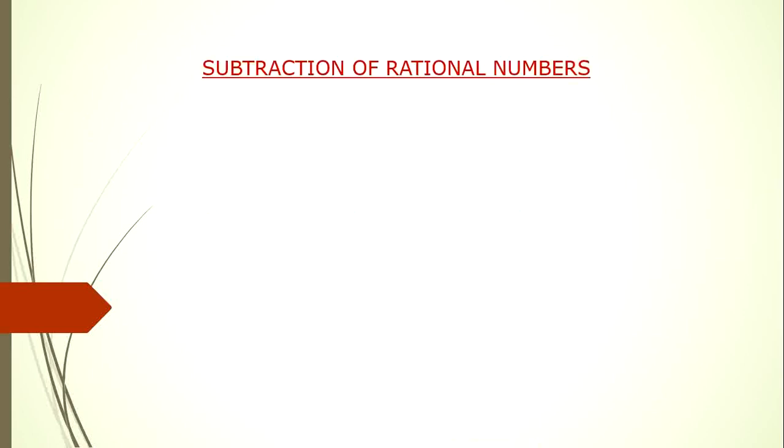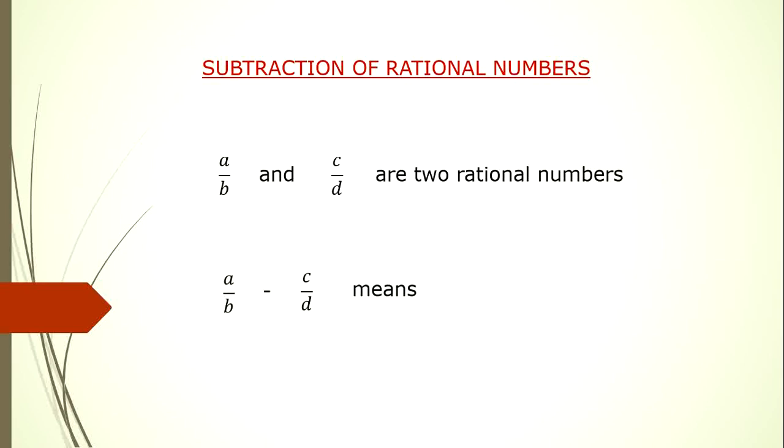Now, let us go to the next operation, that is subtraction of rational numbers. If a by b and c by d are two rational numbers, then a by b minus c by d means adding the additive inverse of the second rational number.